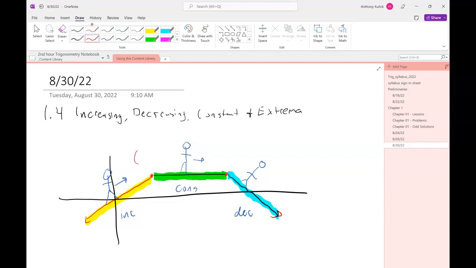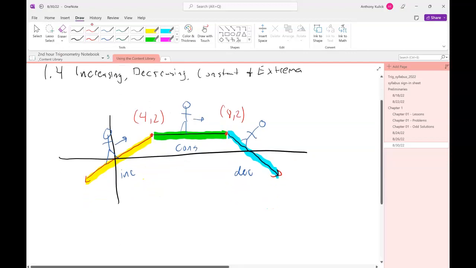So let's imagine this is the point, say, 4, 2. Maybe this one will be 8, 2. So if we wanted to write down the interval over which this person is walking, we're going to describe that using the x-coordinates.